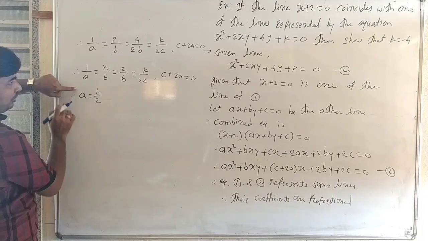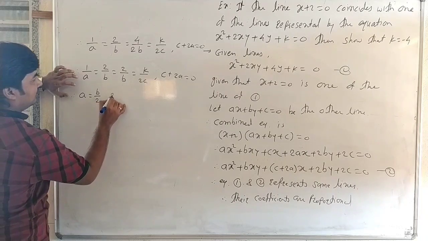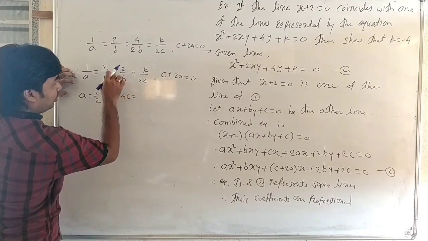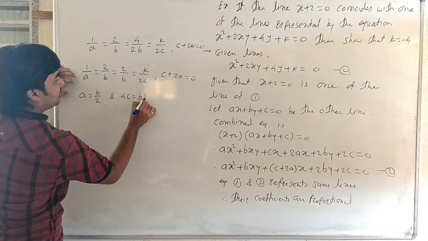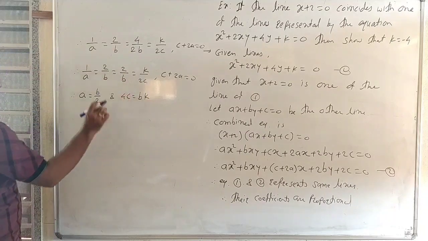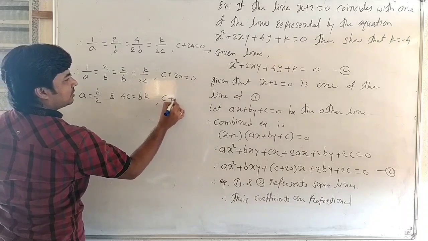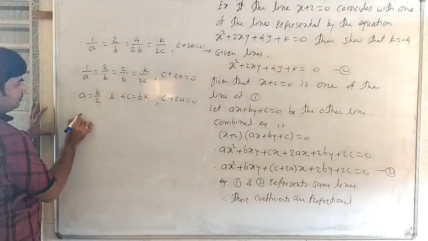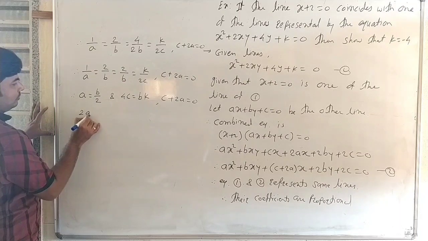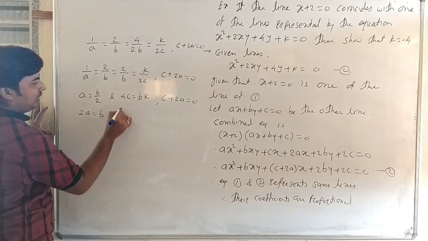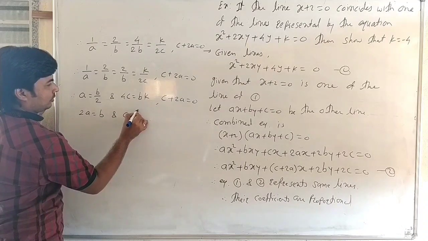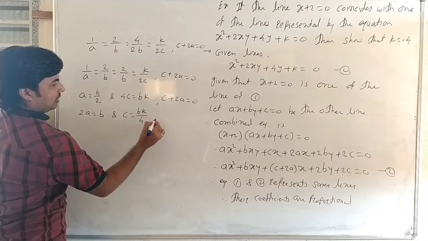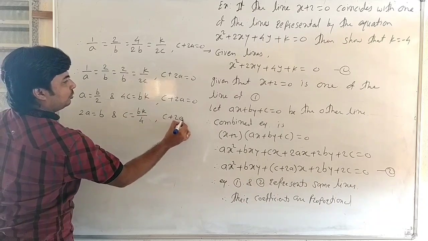And here 4c is equal to bk, and c plus 2a is equal to 0.